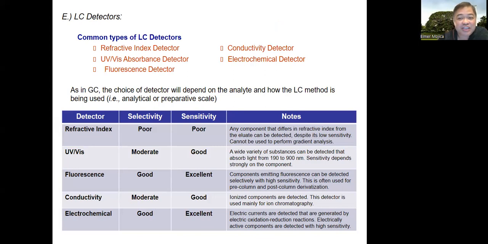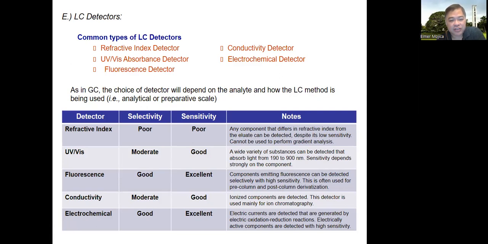And there's a separate chapter on mass spec for that. The GC will also have different detectors, and it usually depends on the analyte. On the LC, this is based on whether you're going to use it for analytical or preparative purposes.